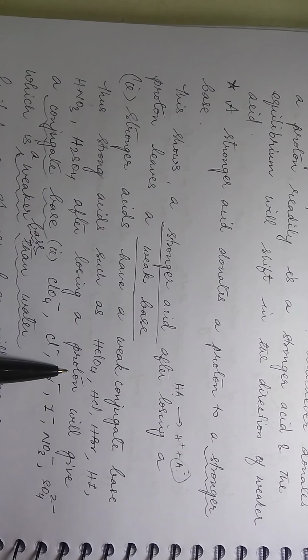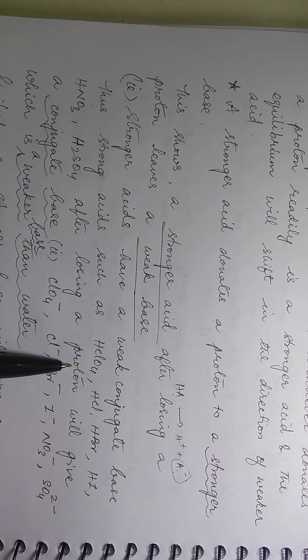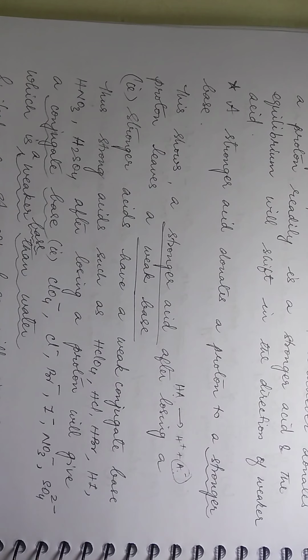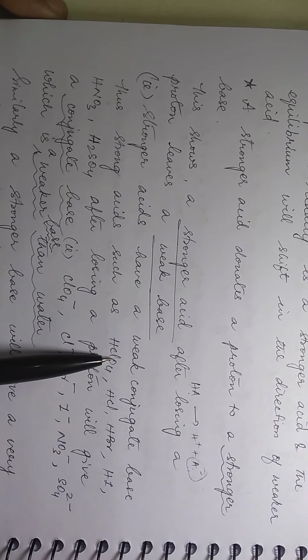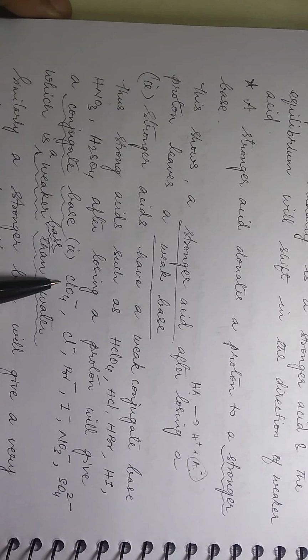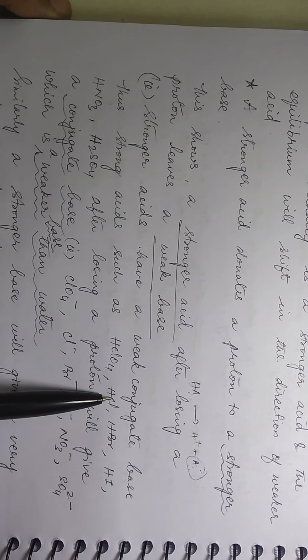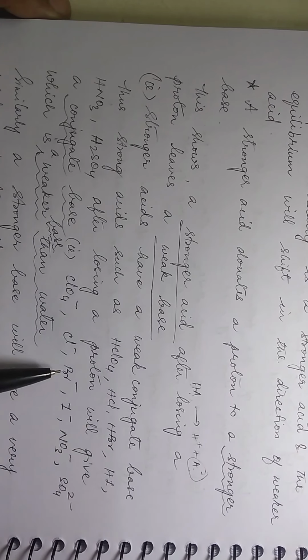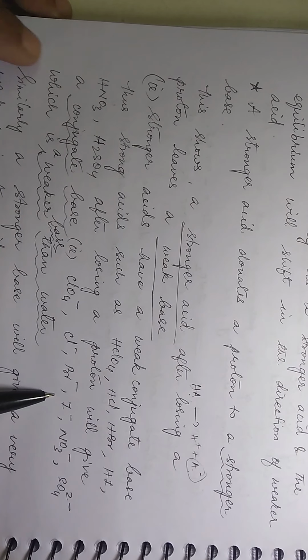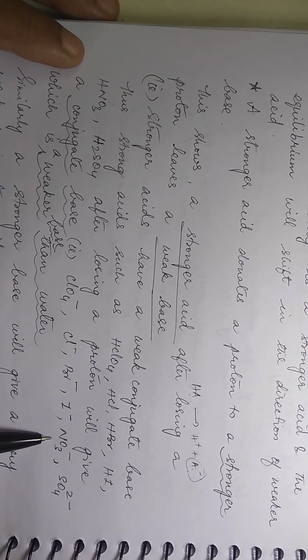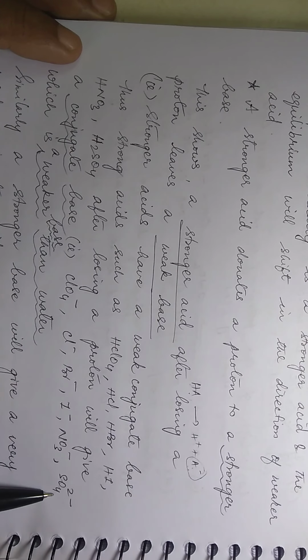They will give their corresponding conjugate base, and all these conjugate bases are weaker. That is, after losing a proton, HClO4 will be left with ClO4−, HCl with Cl−, HBr with Br−, HI with I−, HNO3 with NO3−, and H2SO4 with SO4 2−.